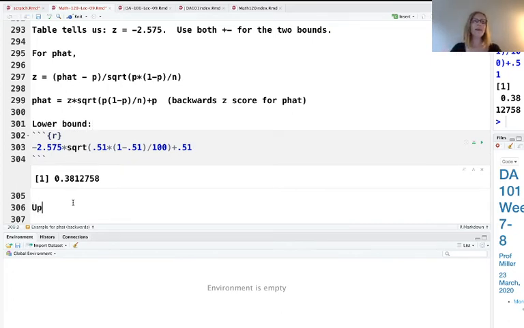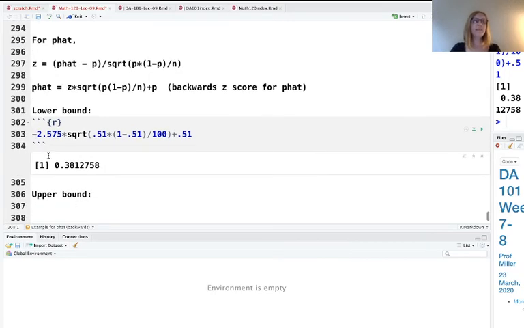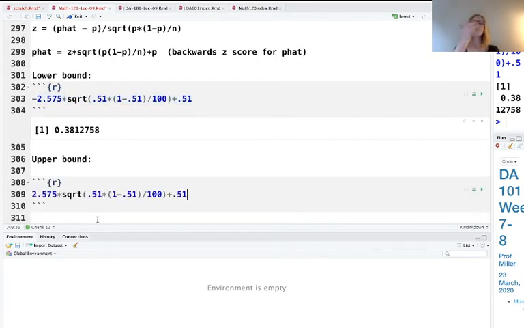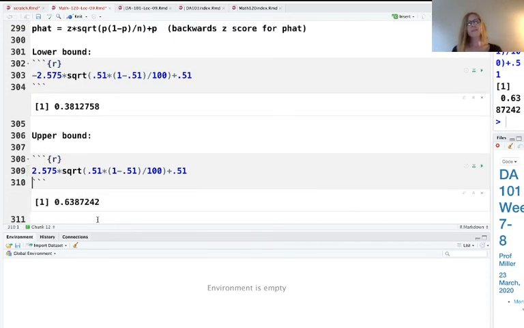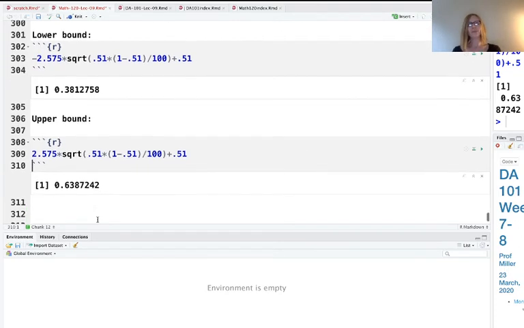And for the upper bound, same thing, only we'll use the positive z-score. I just copy-pasted without the negative sign there. The upper bound is 63 point something percent.